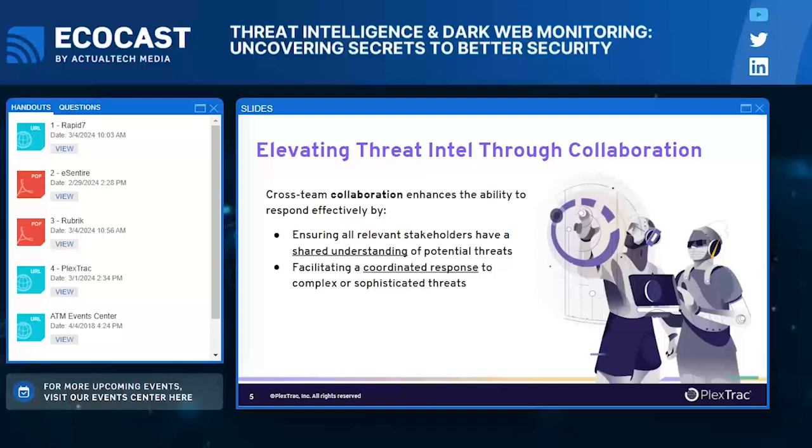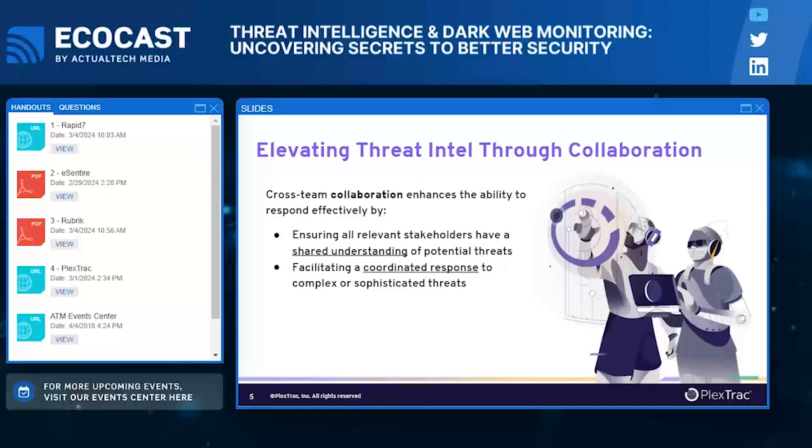So one thing I want to get across today is how are you actually collaborating on the threat intelligence? How are you utilizing it across the organization? How many types of sources are you actually bringing in today? And could it be used somewhere else?